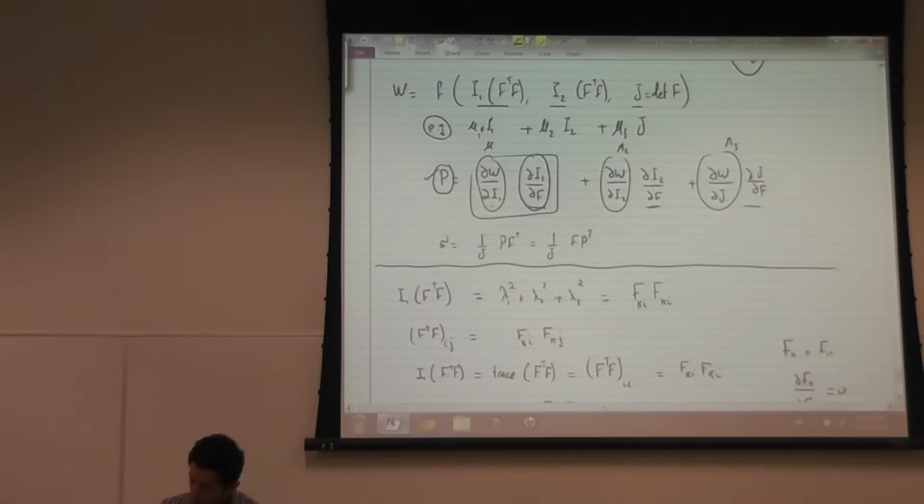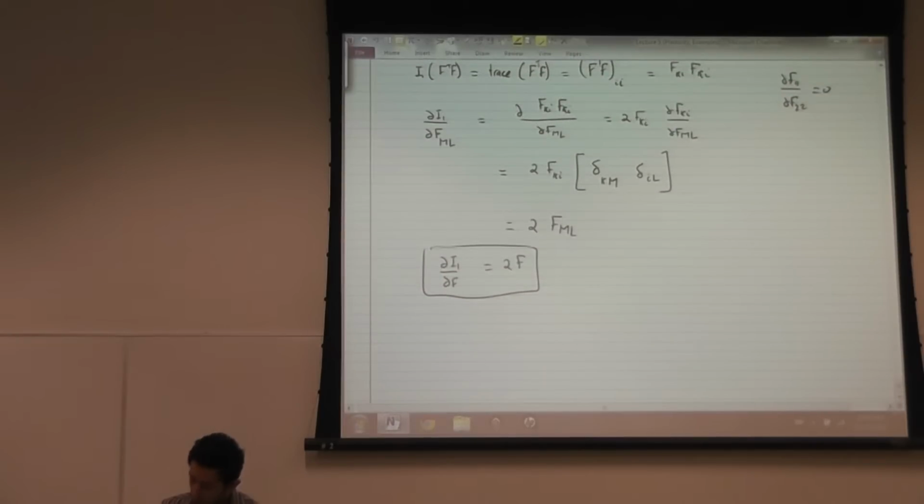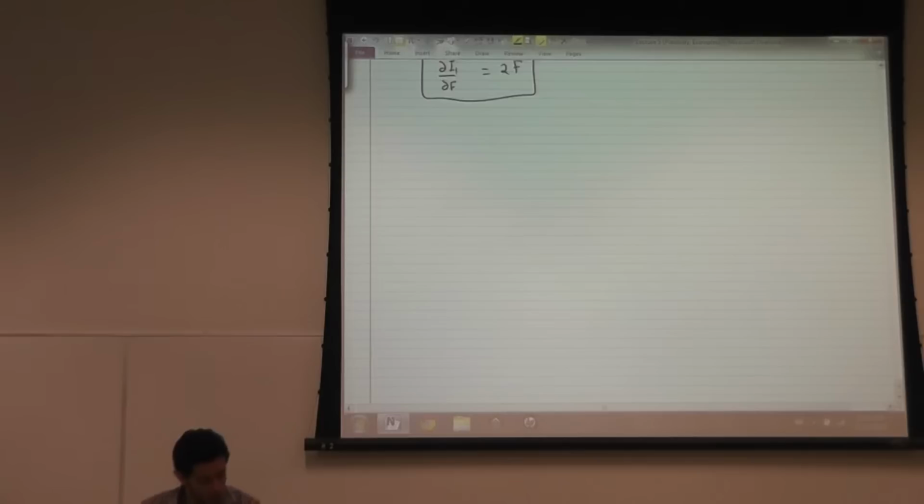Similarly, calculating partial I2 by partial F is a little bit more involved.